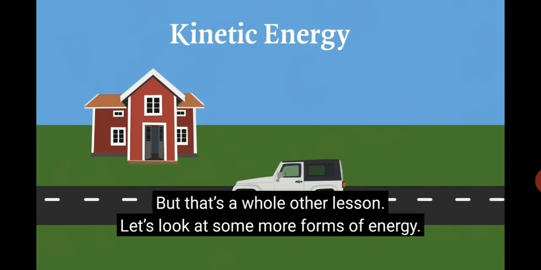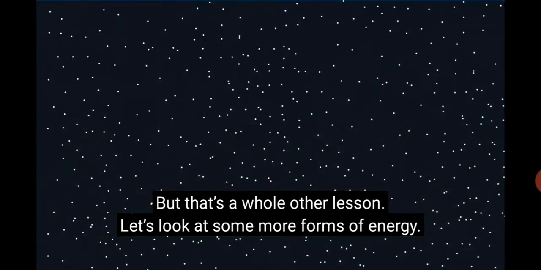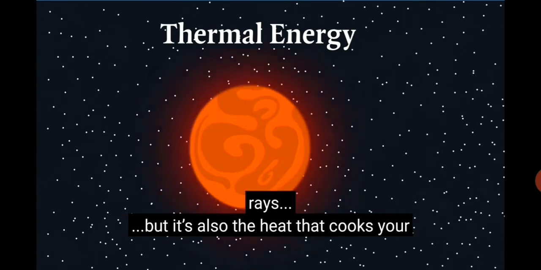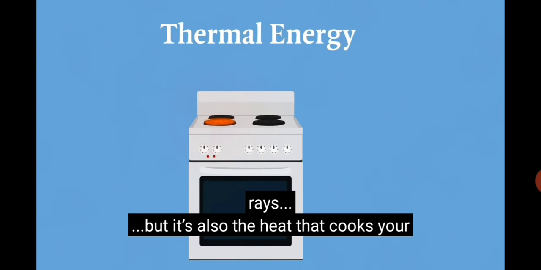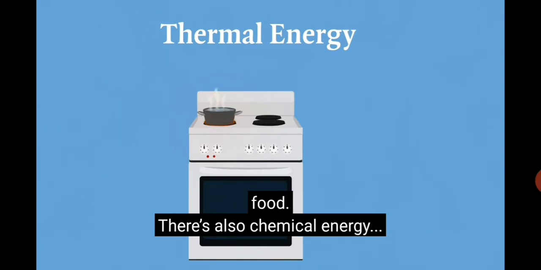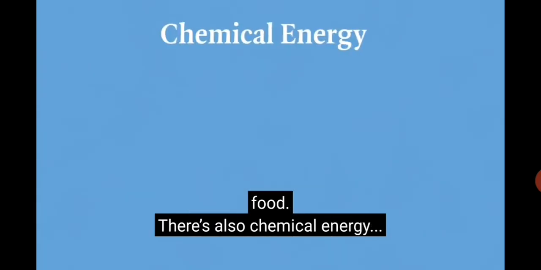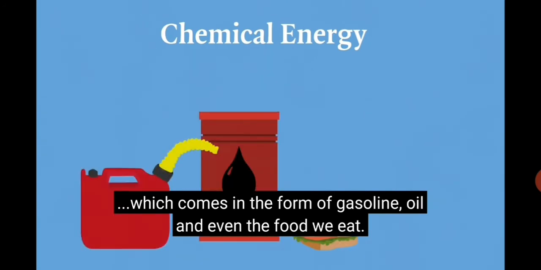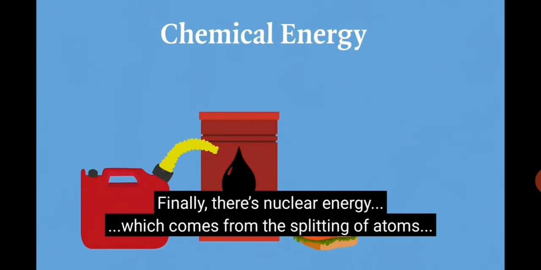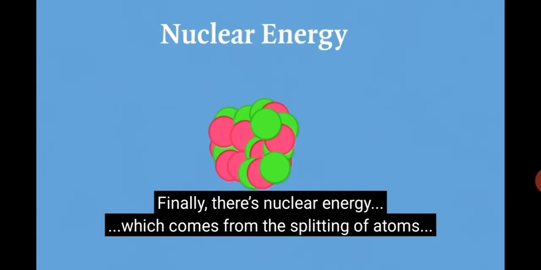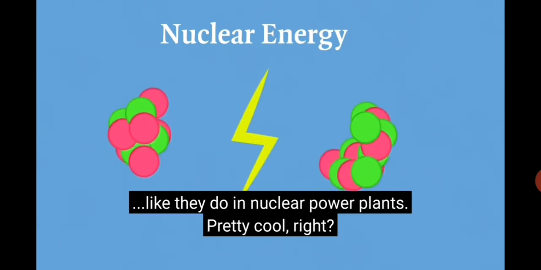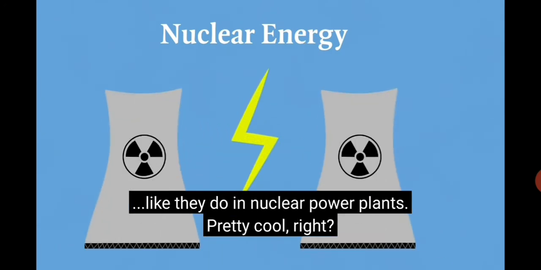Let's look at some more forms of energy. Next, we have thermal energy. The biggest source is obviously the sun's rays, but it's also the heat that cooks your food. There's also chemical energy, which comes in the form of gasoline, oil, and even the food we eat. Finally, there's nuclear energy, which comes from the splitting of atoms, like they do in nuclear power plants.